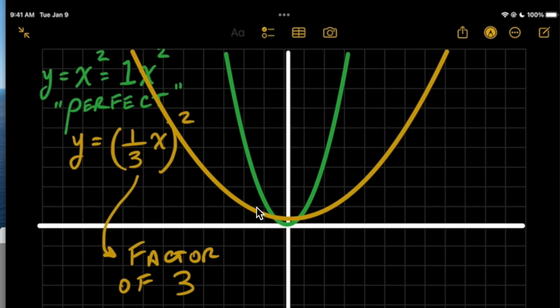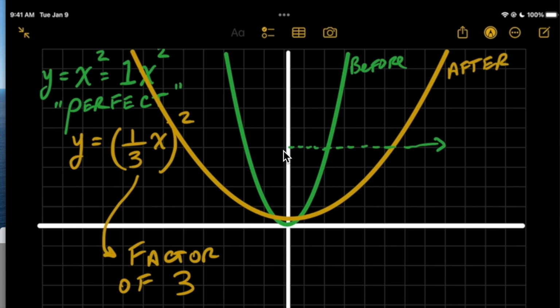If we look at this y value right here, and we draw a line straight across, that's the same y value for both situations. Here's the before, and here's the after the transformation. We know it's wider because the dog is only running 1/3 of a mile.